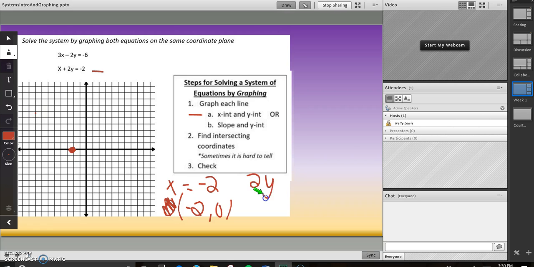And then 2y equals -2, so I get y equals -1. For the x-intercept, the y is 0, so that's why he just went away. Because 2 times y is just nothing, so I just deleted him. And then for the y-intercept, the x is 0, so he goes away. And so I get (0, -1) right here.